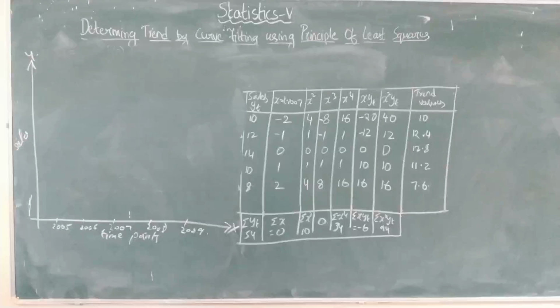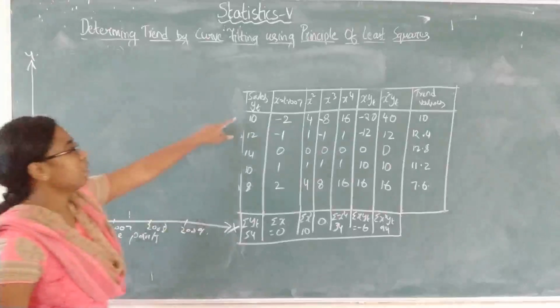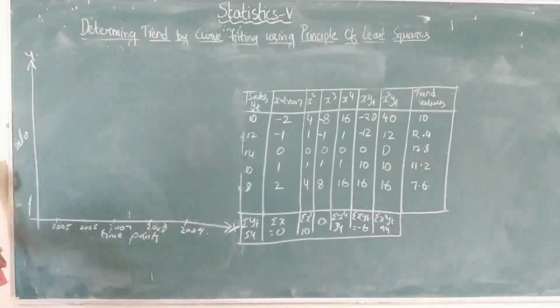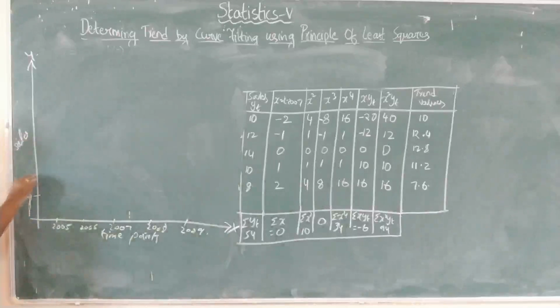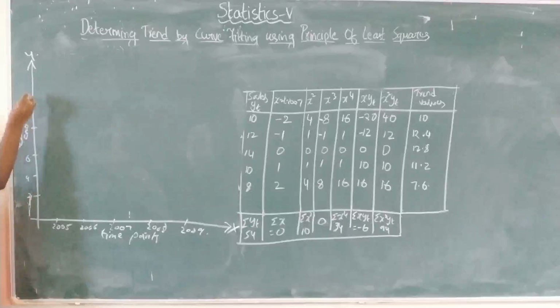Now first plot the original values, that is yt values given in the question. On the y-axis also, write the scale. If you observe, the values go up to 12.8, so I am taking the scale as 2, so that I get 2, 4, 6, 8, 10, 12, 14.